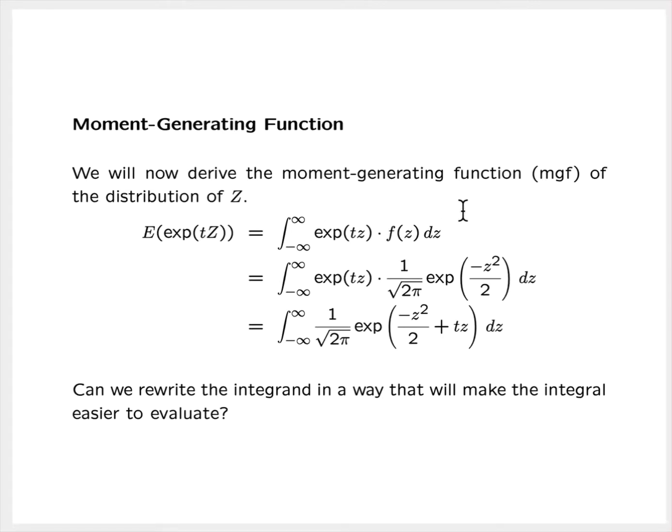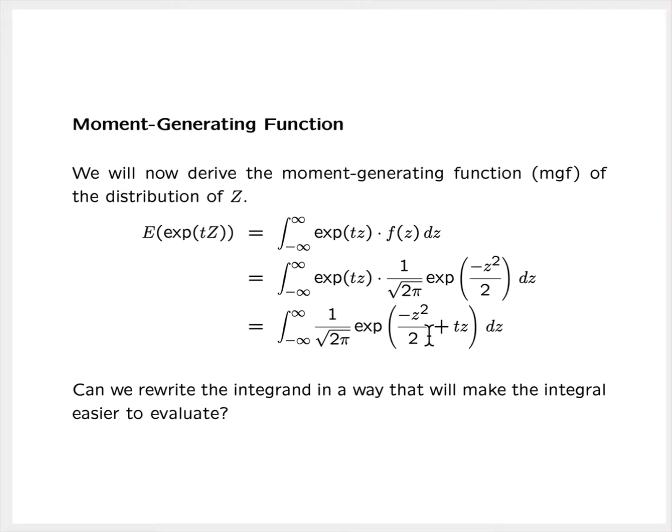And so we need to replace f of z with the expression that it's equal to. Here we have the exponential function evaluated at t times z times, and notice that we also have in this product the exponential function over here. Now, using properties of exponents, we can combine those two.